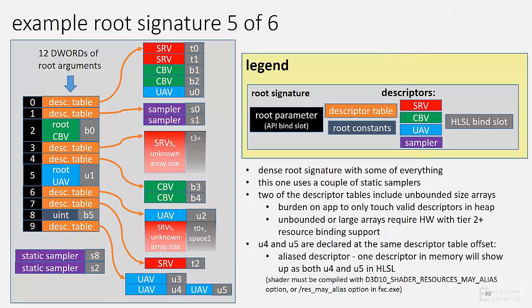There's a final interesting quirk in this example, shown at the bottom here. This is an example of descriptor aliasing. What you see here is a descriptor table that defines a range of 2 descriptors in a descriptor heap, but on the HLSL side there are 3 bindings that are populated: U3, U4, and U5. What happens is, in a descriptor heap you've got a couple of UAVs that you've defined.